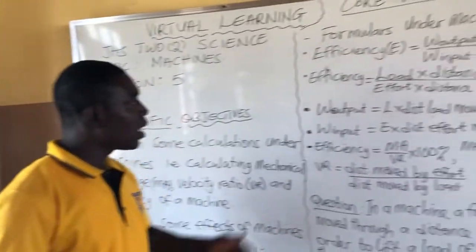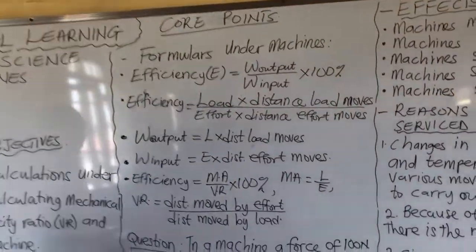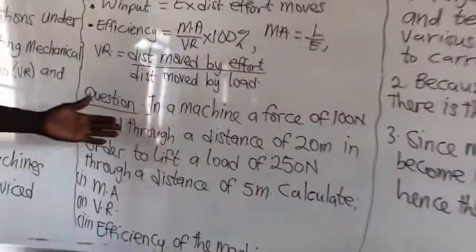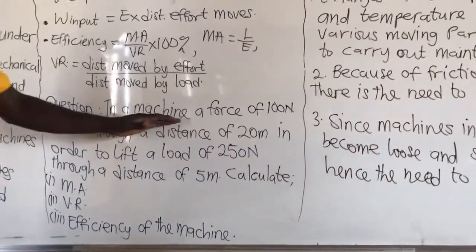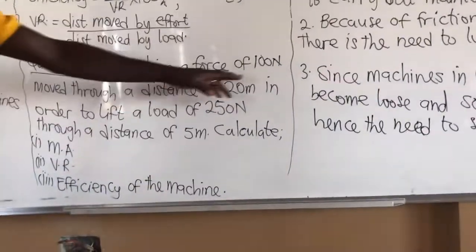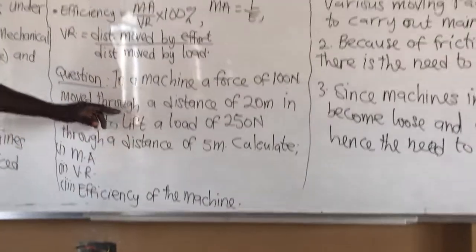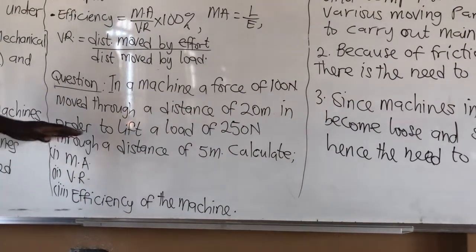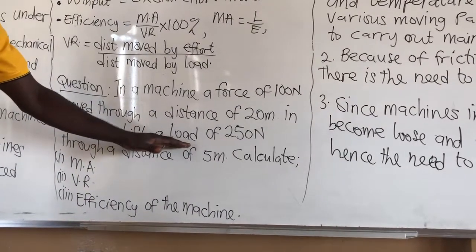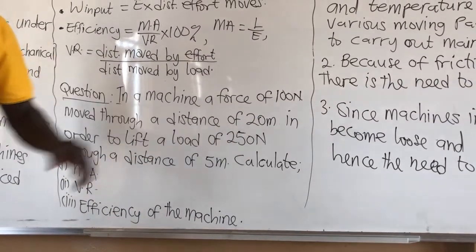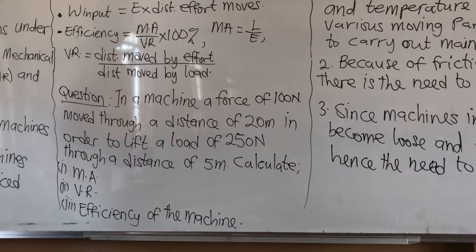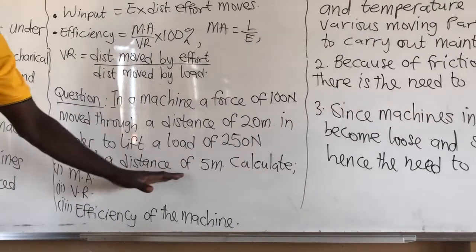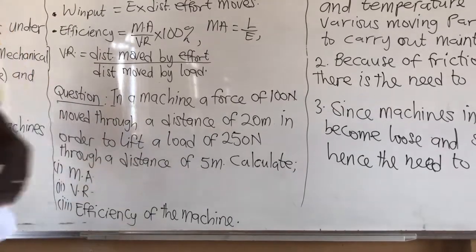Now let's quickly consider this question here. It said in a machine, a force of 100 Newtons moves through a distance of 20 meters in order to lift a load of 250 Newtons through a distance of 5 meters.